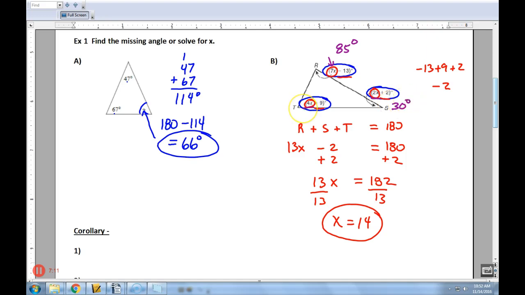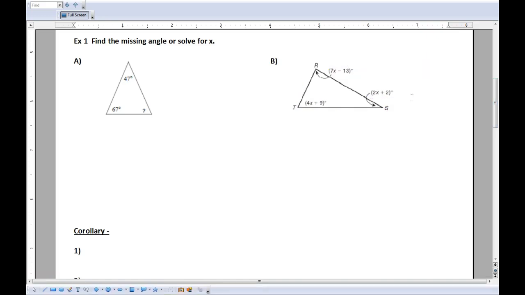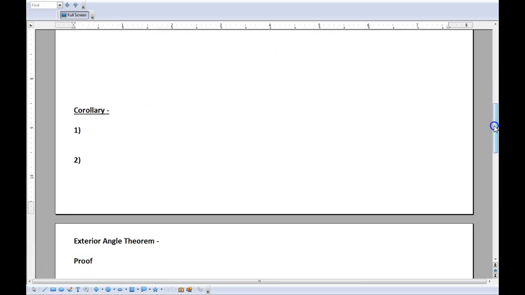And if I plug it in over here, 4 14s is 56. Add 9 to that. 56 plus 9 is 65. And if I did this right, the three angles should add up to 180, which I believe they do. So I always can see if I did it right by plugging the x back in and making sure they add up to 180.